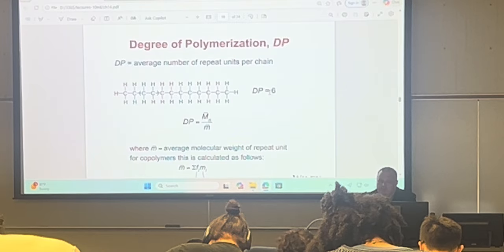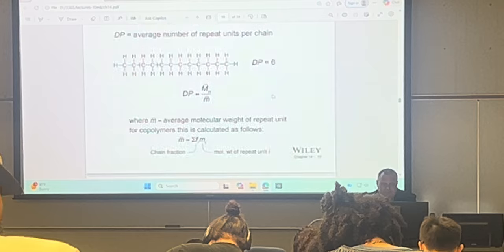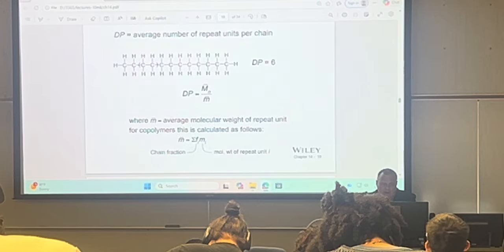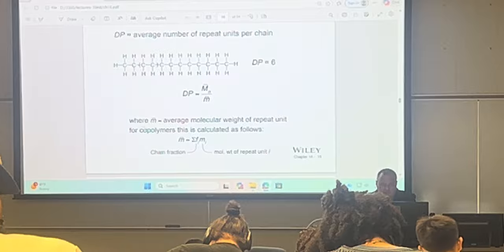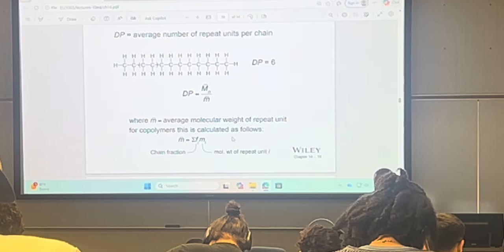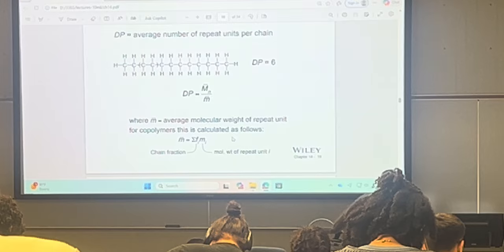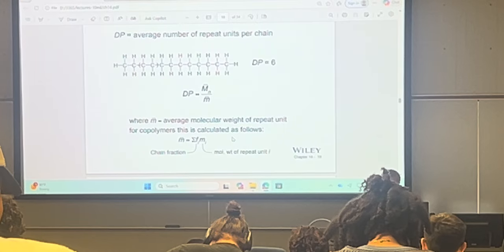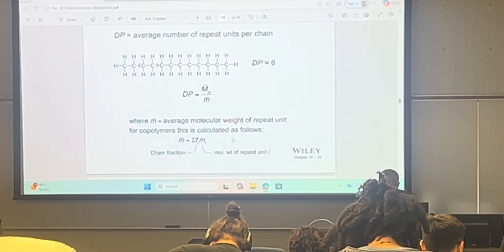And the degree of polymerization is 6, where small m bar is the average molecular weight of the repeat unit for copolymers, calculated as the sum of the chain fraction times the molecular weight of the repeat unit i. Right?